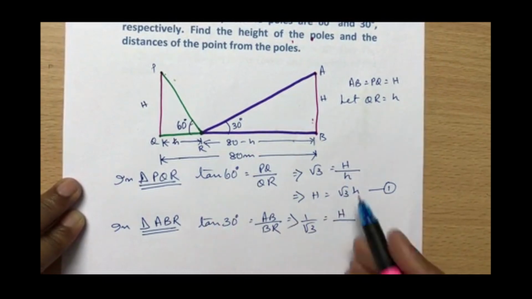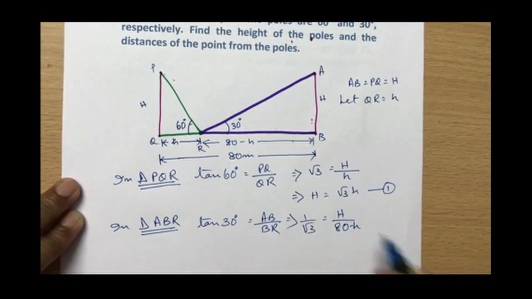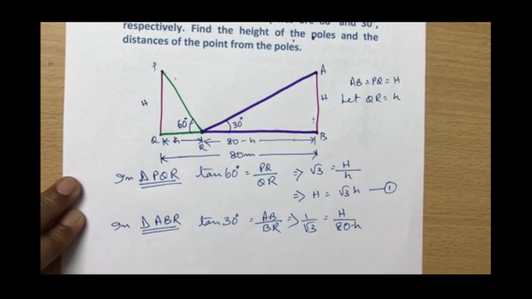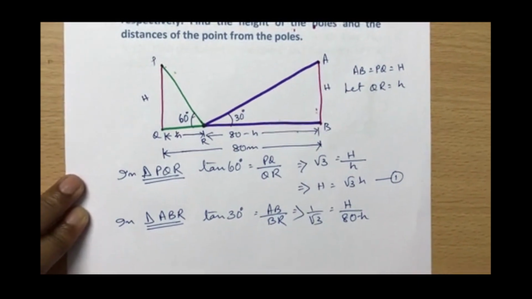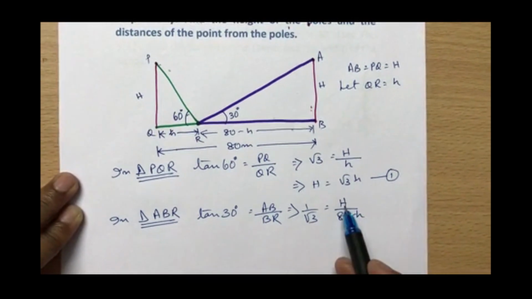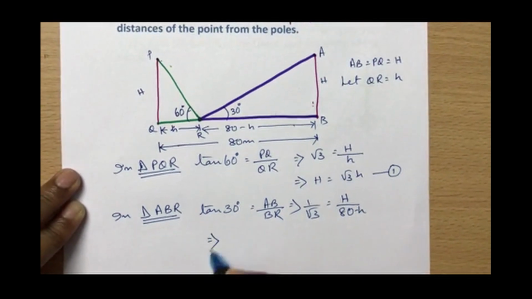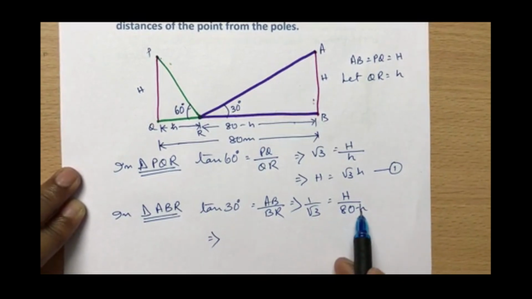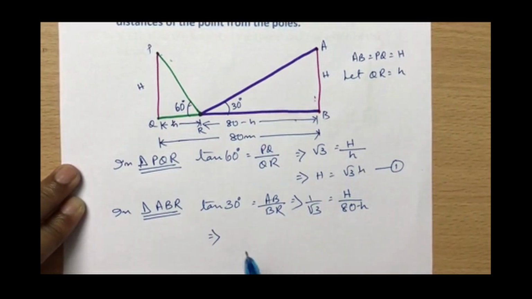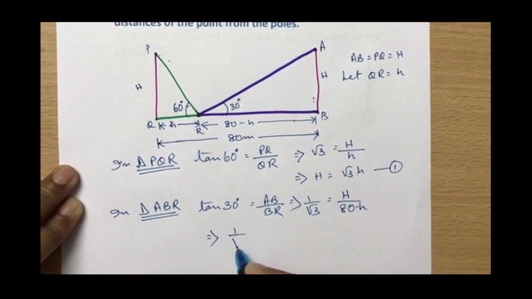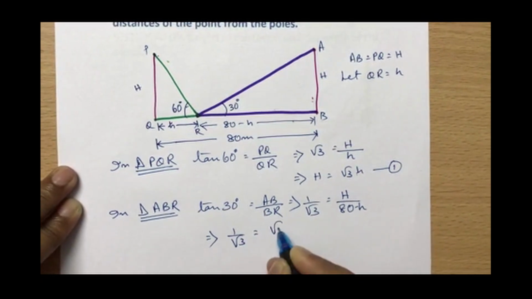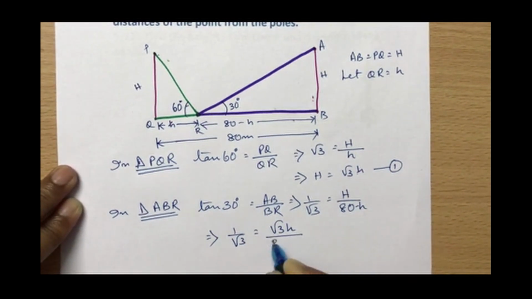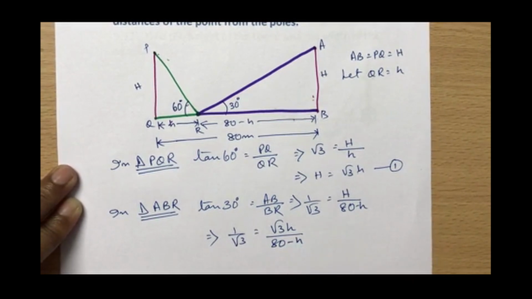It is 80 minus small h. Now, in place of capital H, I am writing root 3 small h, so I am putting everything in terms of small h. So 1 by root 3 is equal to root 3 small h by 80 minus h.